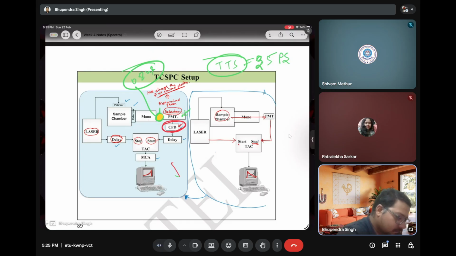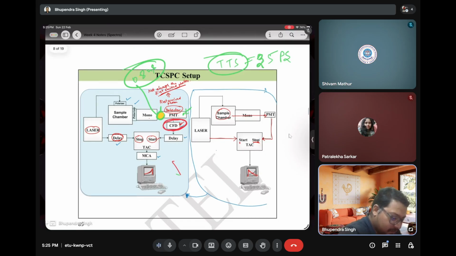As soon as it reaches the detector, will it convert to the electrical signal without any delay? No, because the detector already has some time delay, that is called the transit time spread. That is 35 picoseconds, so it will take 35 picoseconds to convert into the electrical signal.